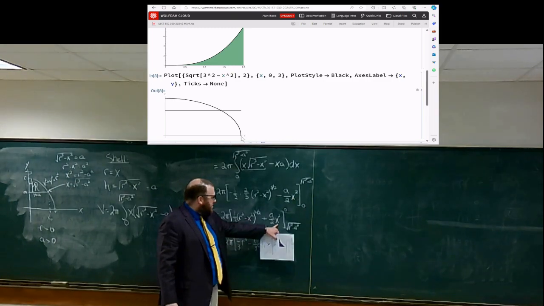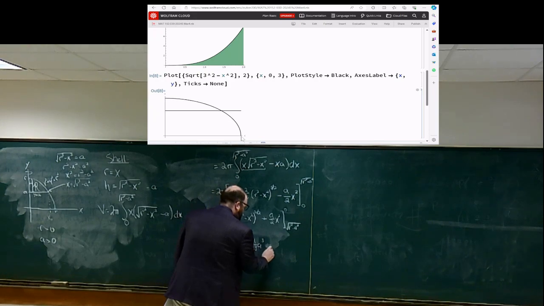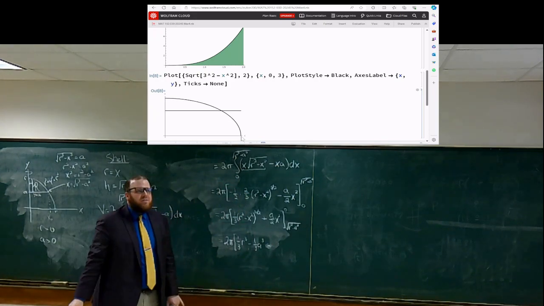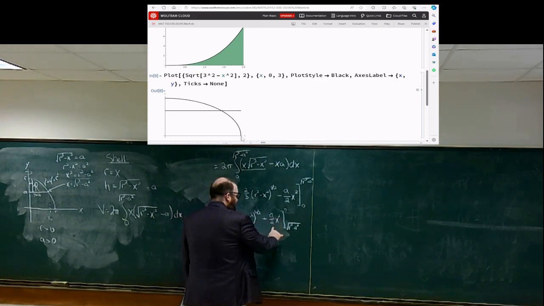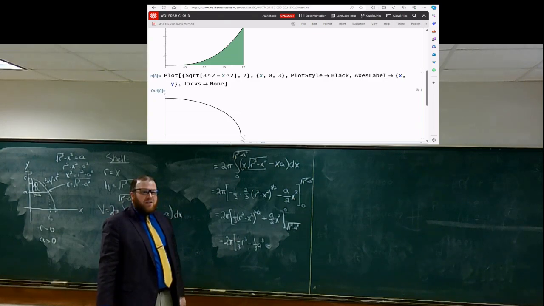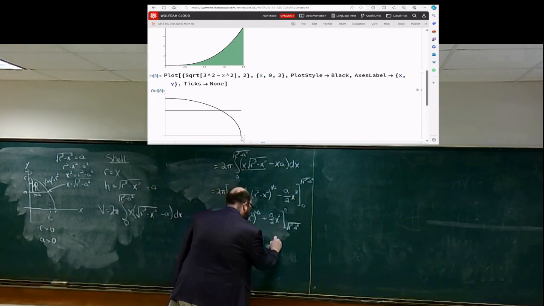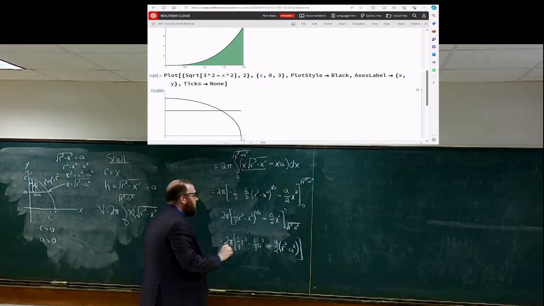Plus, okay, so that takes care of that first term. Well, look, at 0, that's 0. So, minus a over 2 times r squared minus a squared, right? Shouldn't it be the square root?